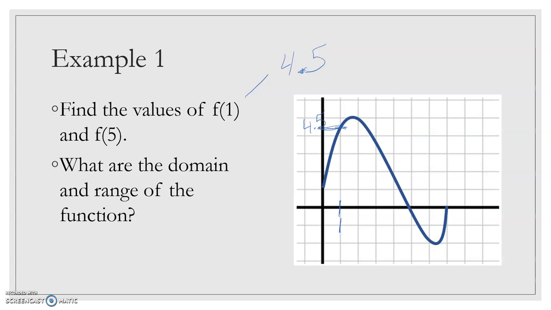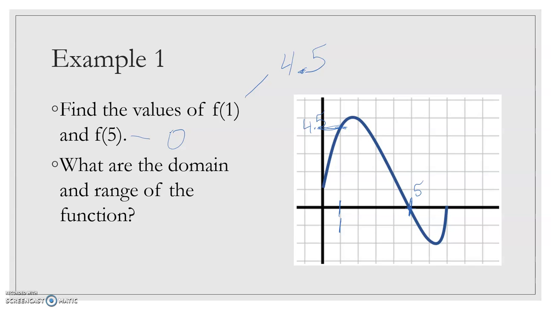Okay, now for f of 5, I would count over to 5. 1, 2, 3, 4, 5, right here. And I would see how high that is. Actually, it's at the 0 mark. It's right where it crosses the axis. So f of 5 is 0.